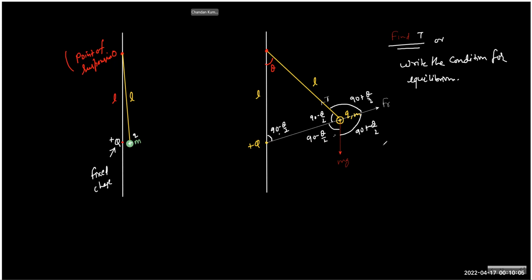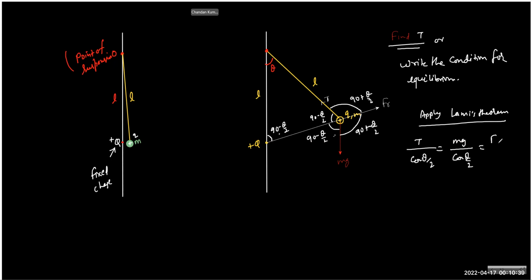So because we know all the angles, solving a question like this, the best way is to apply Lami's theorem. Yes, sir. So you can write T upon sine 90 plus theta by 2, which is cos theta by 2, is mg upon sine 90 plus theta by 2, which is again cos theta by 2.